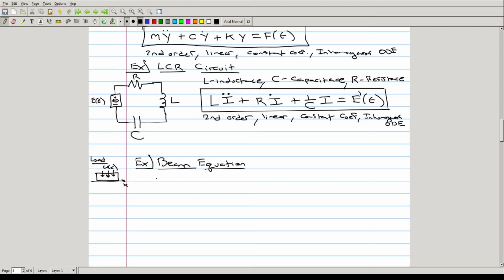The beam equation describes, this is a fourth order ODE, which describes the deflection of the beam.